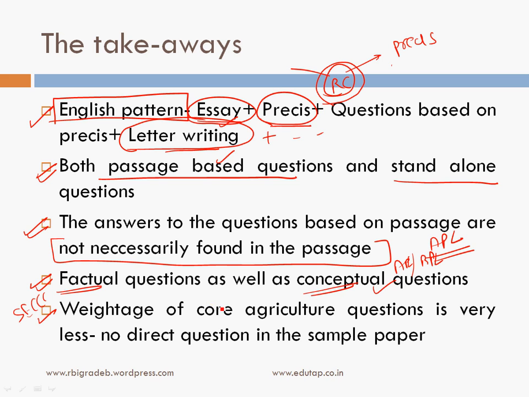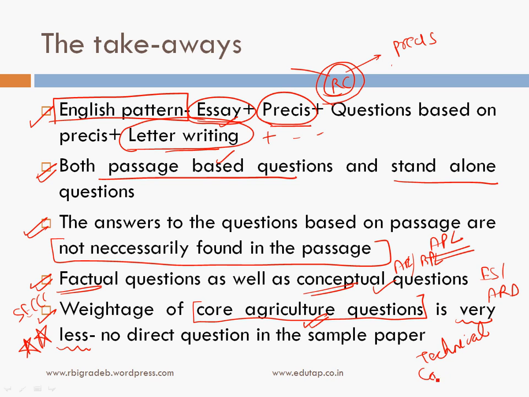One thing that you have to note, this is a very important point, kindly let's stress on this point, that the weightage of core agriculture questions is very less. Now what do I mean by core agriculture questions? Once you go through the syllabus of ESI and ARD as given by NABARD, right? We have also made a video on that, you can go through that video. Then the syllabus is very technical.